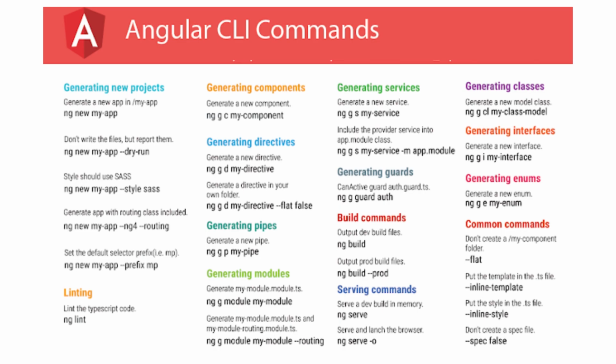You need not give true or false, because it takes true by default. That's why the routing will be there for the particular module file. So ng g module, module name, dash routing. We have to give that routing property for that command. So my module.ts file, and my module dash routing dash module.ts file will also be generated by giving this kind of command.